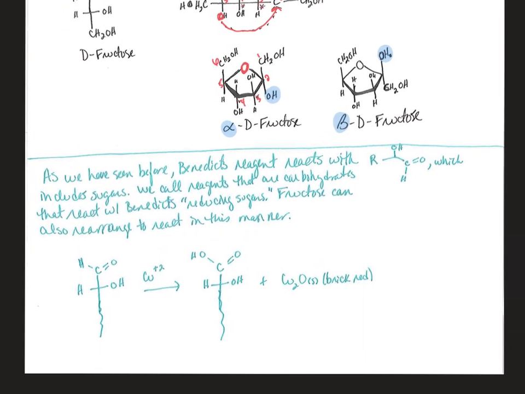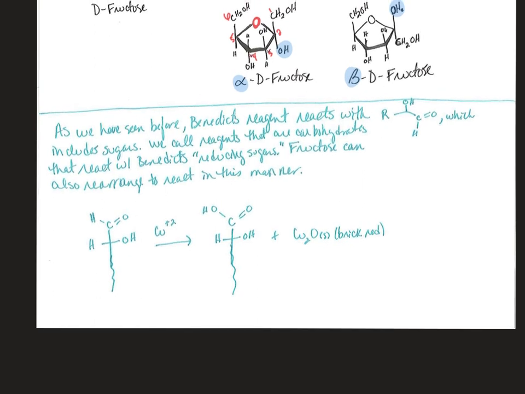Okay, there's one last thing I want to point out. When you do a reaction, there are sometimes different things that indicate change has taken place. Well, when you use something called Benedict's reagent, we can take what's known as a reducing sugar and put it in the presence of Benedict's reagent.